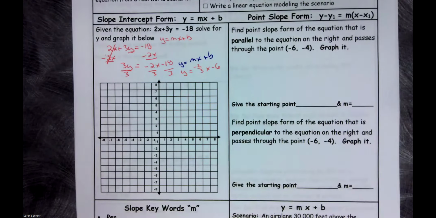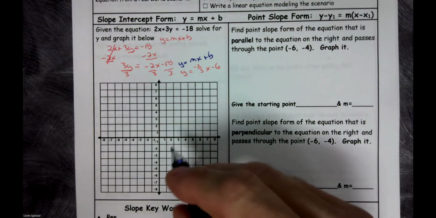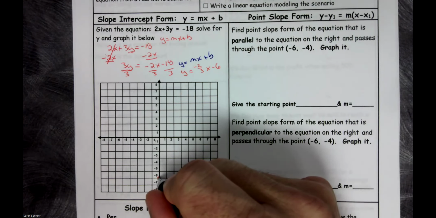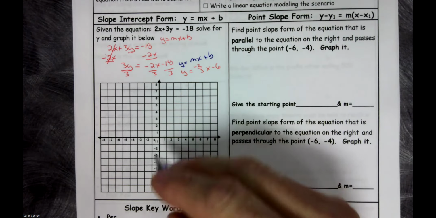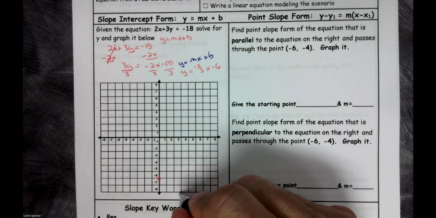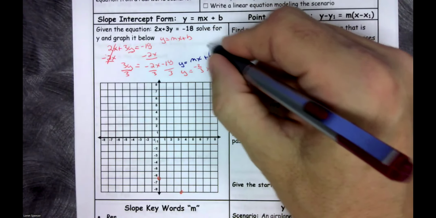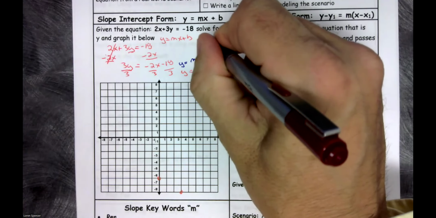So we know that our y-intercept is at 0, negative 6. So we'll go ahead and plot that at 0, negative 6. Our slope is down 2 over 3. Don't forget about the angry man eyebrows. Kind of don't have room for them, but here we go.